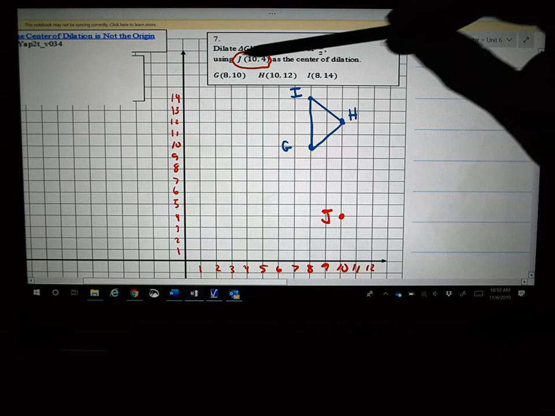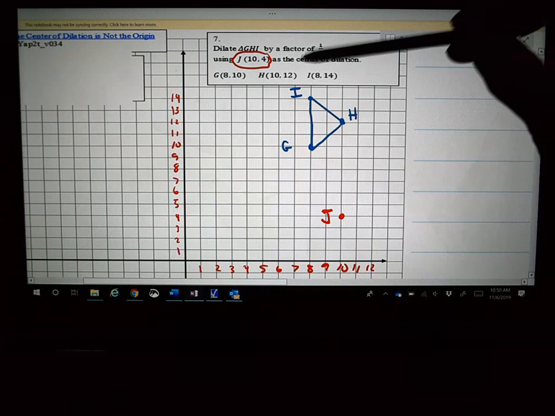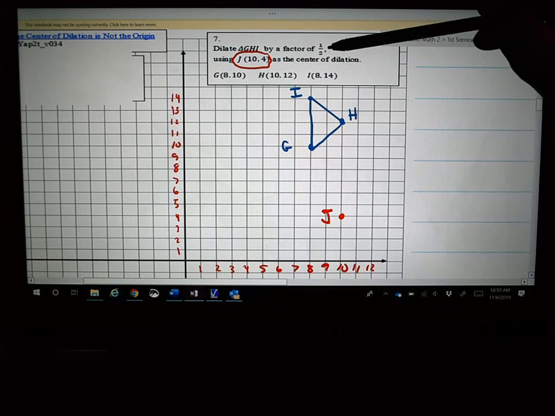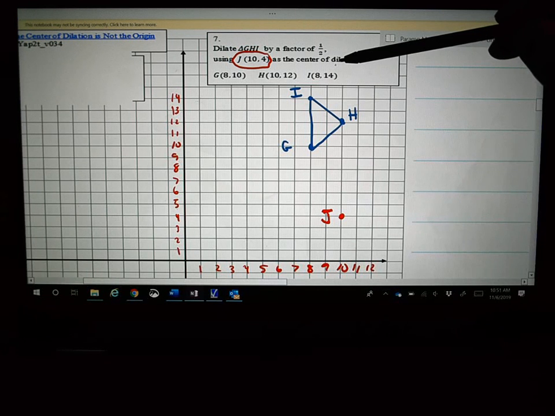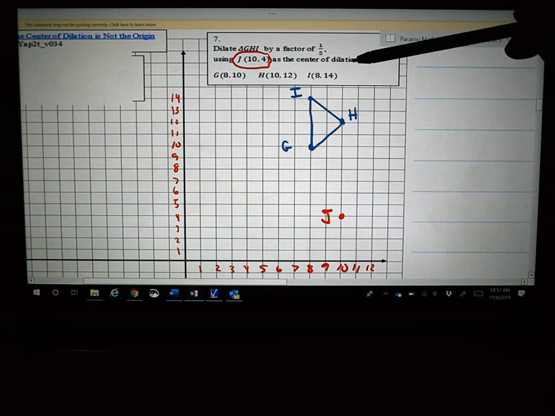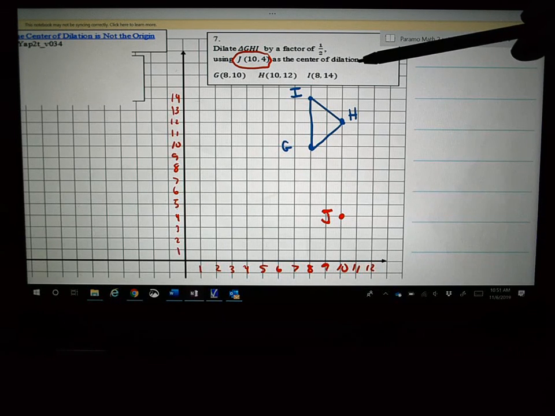Our center is this point right here. The scale factor is a factor of 1/2. We have to go half the size and half the distance. The easiest way for us to do a scale factor of 1/2 will be half the horizontal distance and half of the vertical distance. From where? From the center to each vertex.